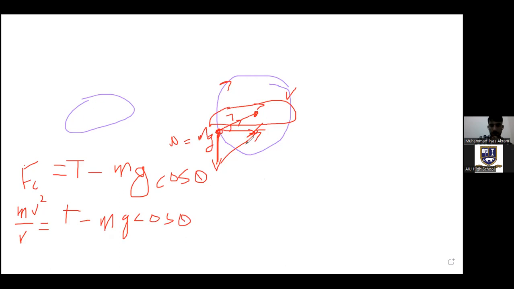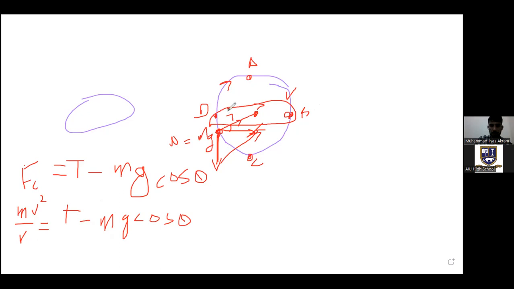So if this stone is at the lowest point, we can say that this point is C, and this is the top point, we can say that is point A, and this is the point of horizontal motion, we can say point B, and here is that point, we can say that is D. So point D and point B are both horizontal positions, and we can calculate the value of centripetal force by just using this formula.